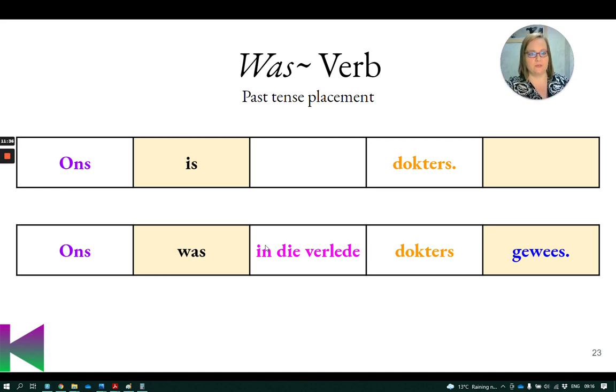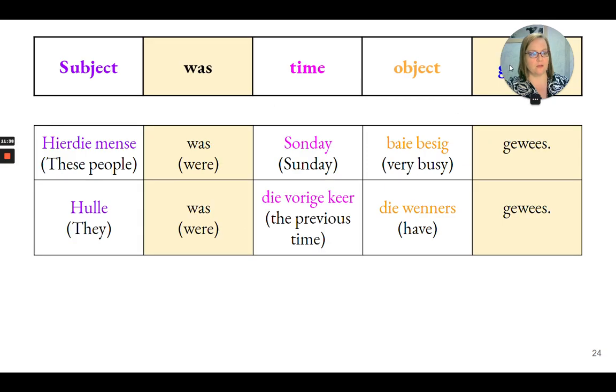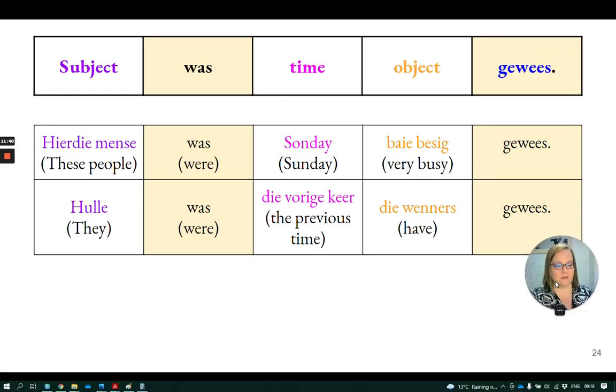Let's look at examples. Okay, hierdie mense, these people, was Sondag baie besig gewees. Hierdie mense was, they were, Sondag baie besig gewees. So you have the was and gewees. Next one.